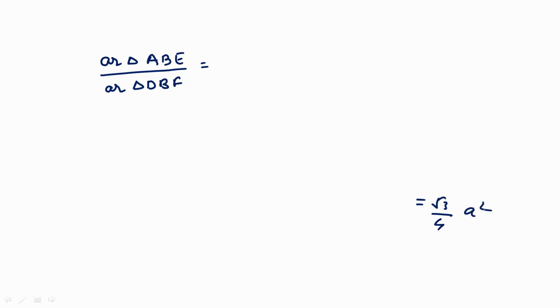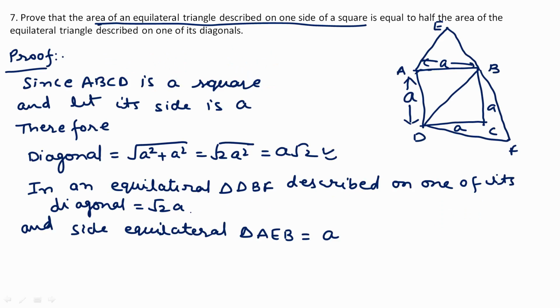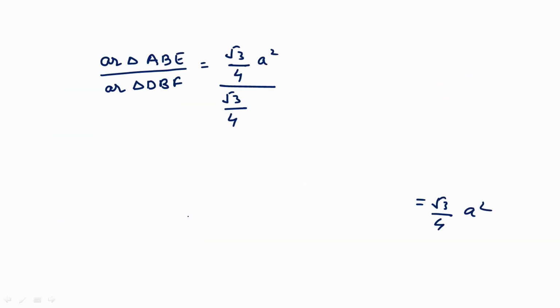So the area of triangle ABE upon the area of triangle DBF is equal to: the area of triangle ABE, an equilateral triangle, and we know that the area of an equilateral triangle is equal to under root 3 by 4 A square, upon the area of triangle DBF, which is under root 3 by 4 times the side of DBF, under root 2A, whole square.